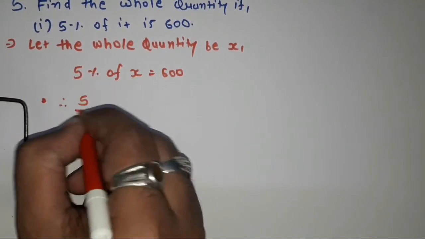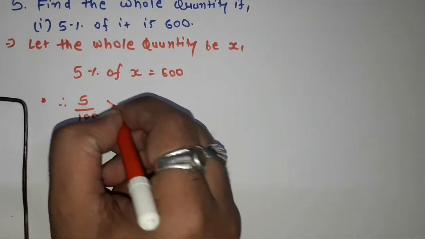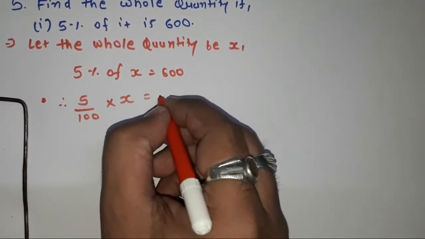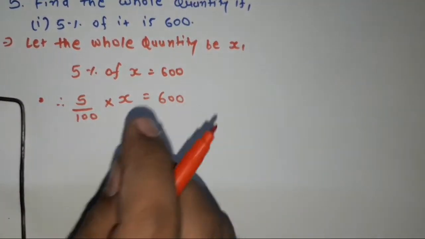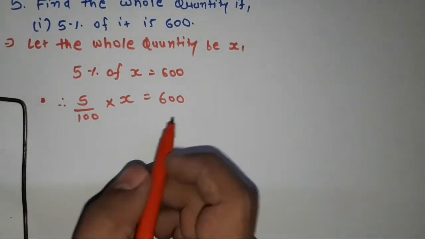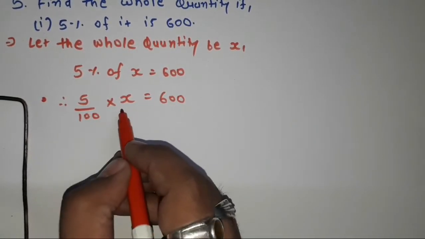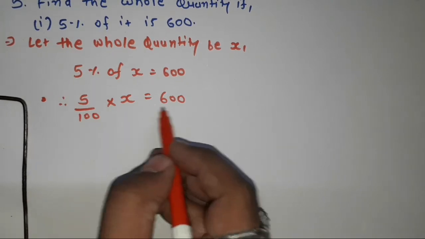So here we write 5 upon 100 multiplied by x is equal to 600. This step represents that 5% of quantity x is equal to 600.